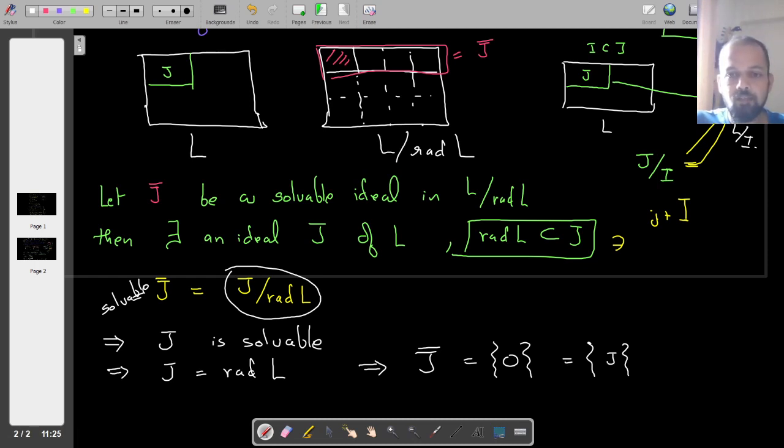Radical L is the 0. So anyways, we don't write this way. Now we are used to writing only 0. So you'll get J bar is only 0, because it will be only radical L when radical L is the 0 in the quotient.